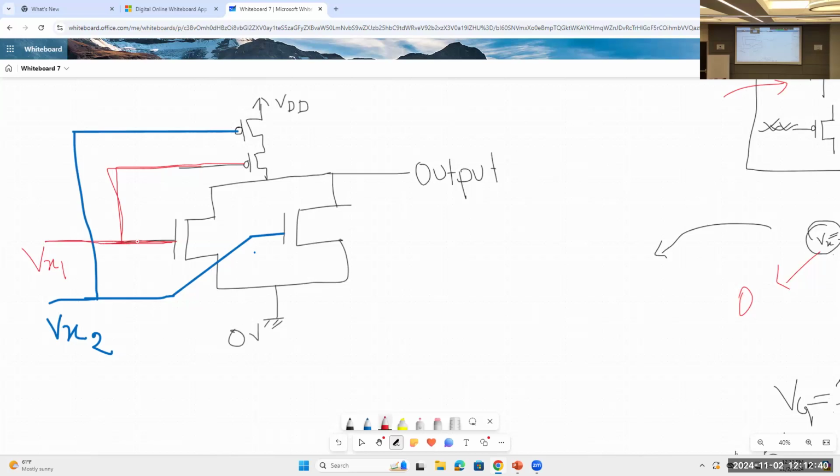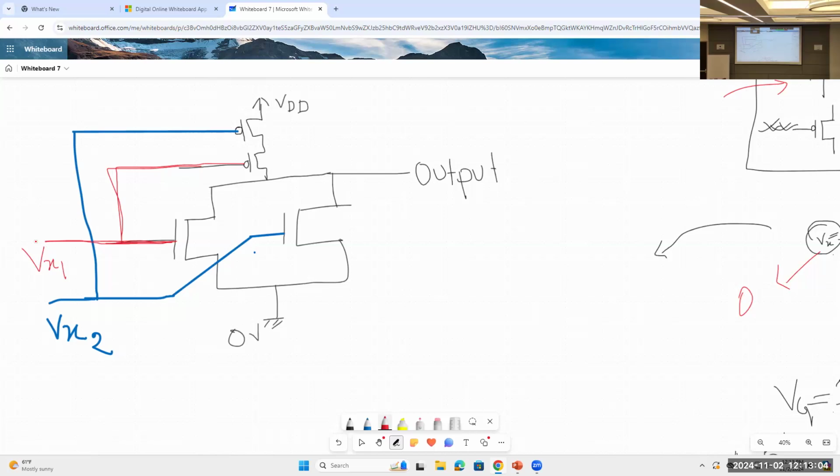So here this is an input VX1. Where is it going? These MOSFETs are also called transistors, because the full form of MOSFET is metal oxide semiconductor field effect transistor, whatever. So MOSFETs are transistors actually.